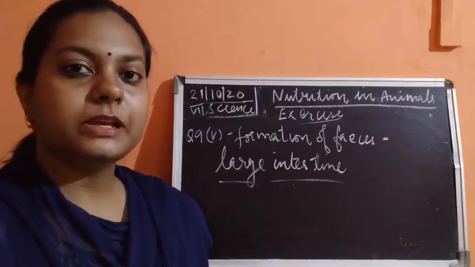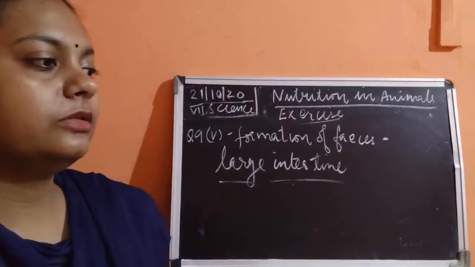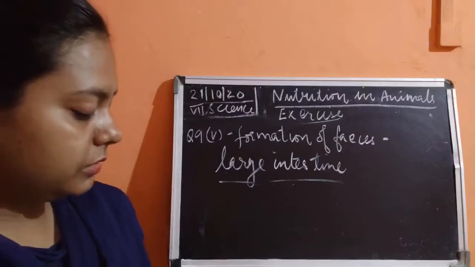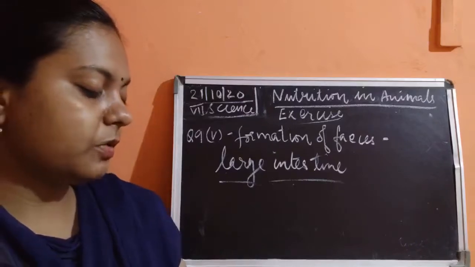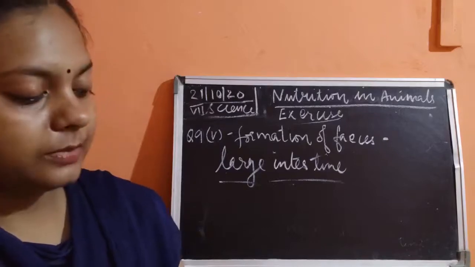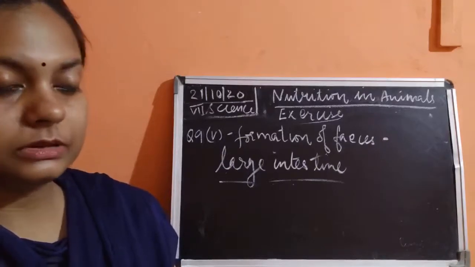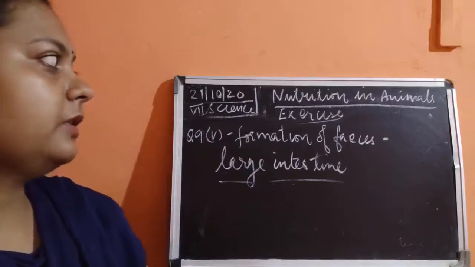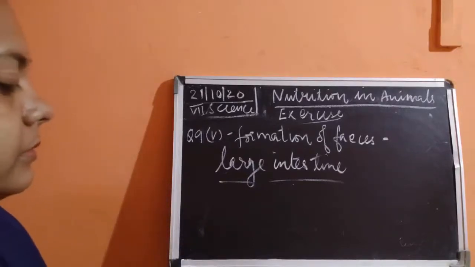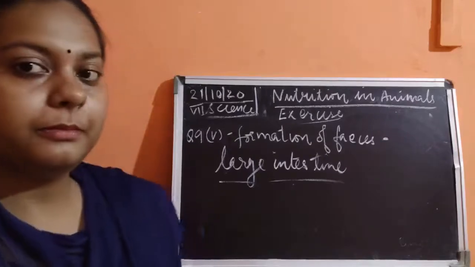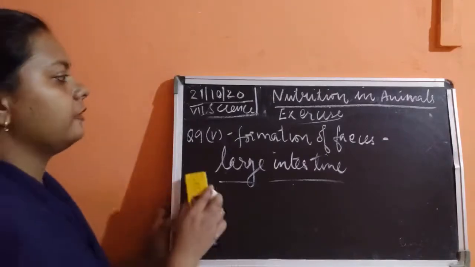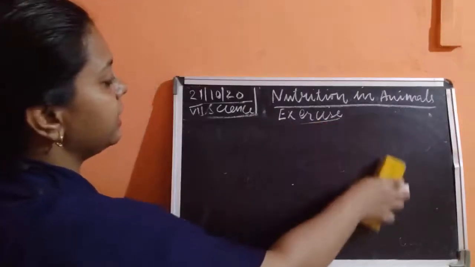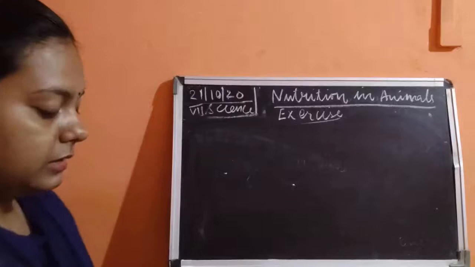Once the water is absorbed, we are only left with the waste material, which forms the feces, a semi-solid form of the undigested food, which is then stored in the rectum and passed out through the anus.